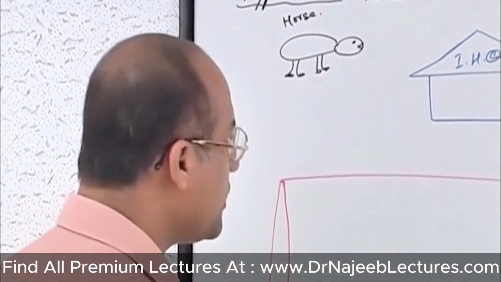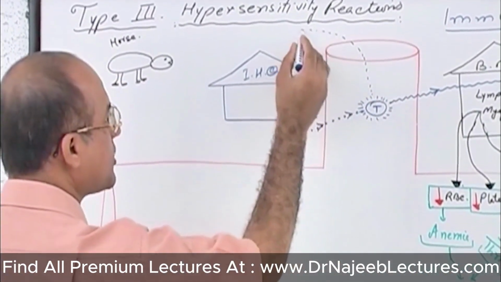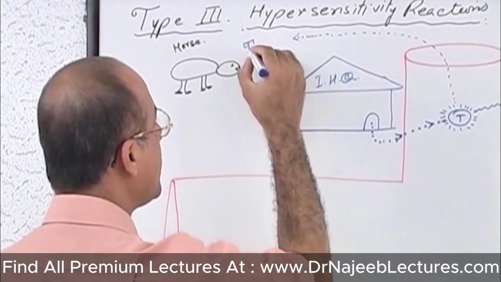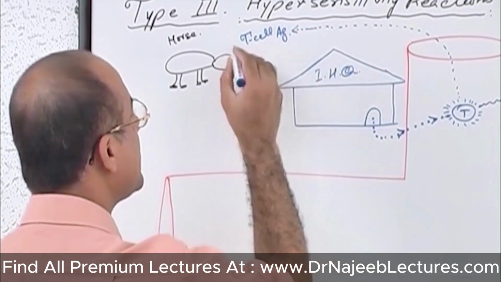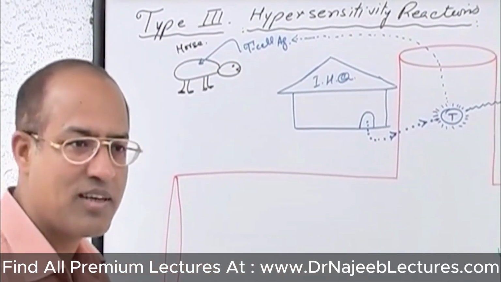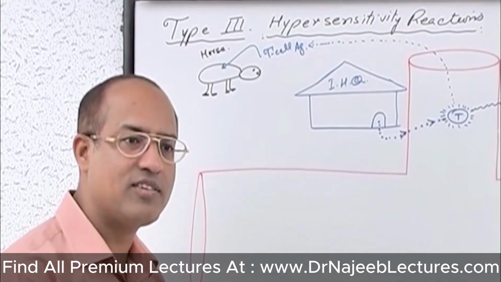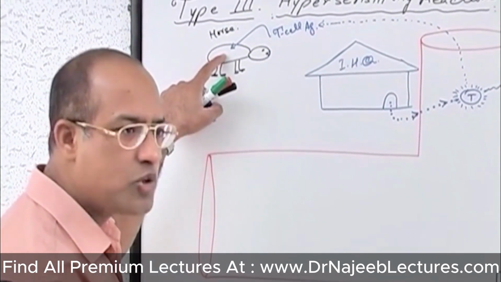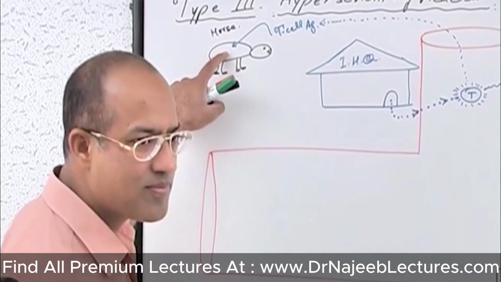Now, if you take the cell, what is this cell? Autoreactive cell, T cell. So if we take T cell antigens and inject them into this innocent horse, what have we done? We have taken human T cells, removed the human T cell antigens, and injected them into the animal. Do you think for this animal, human T cell antigens are self or foreign?